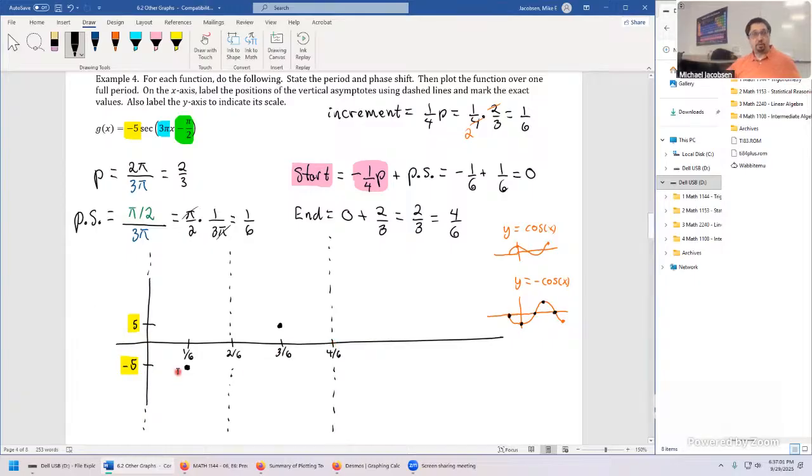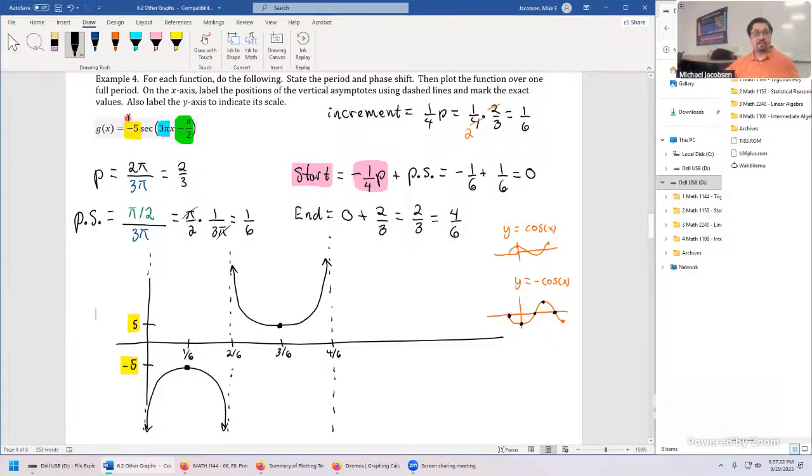Really, once we have these 2 points, our job is done. The curve will never intersect the x-axis. It's repelled away. So it goes like this. And in the next window, between the asymptotes 2/6, 4/6, it goes upwards.